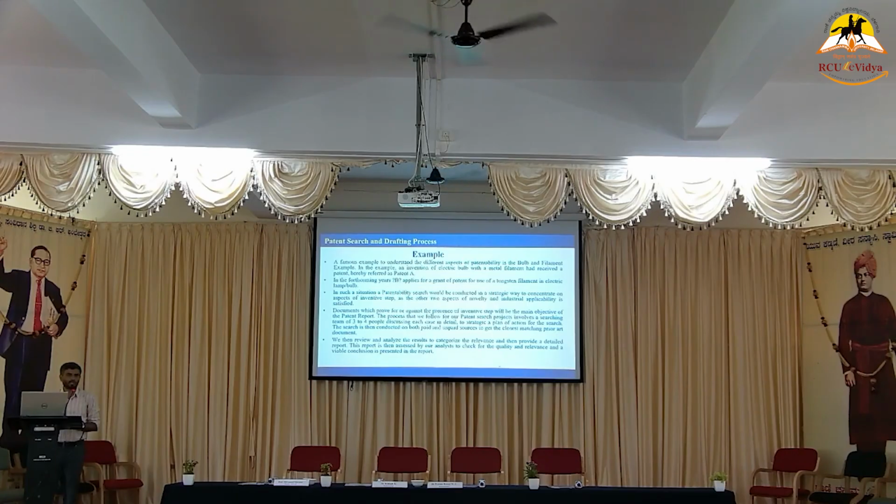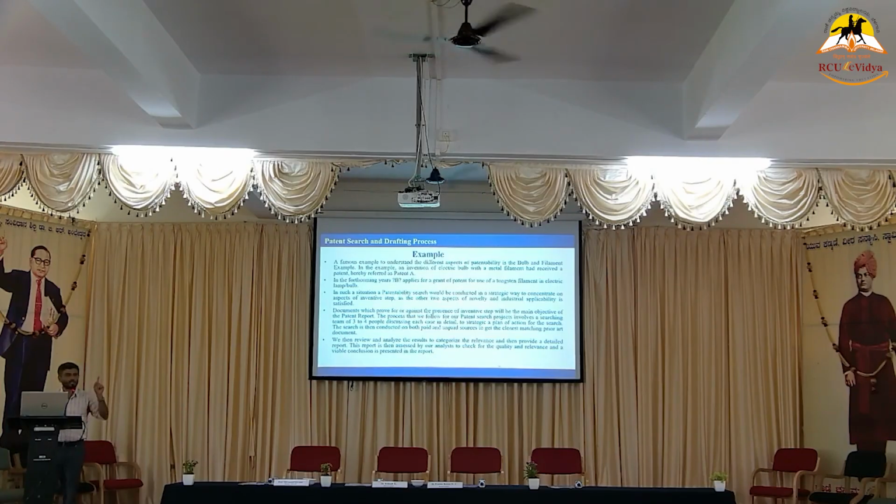I told you, right? Whichever patent they receive, it has inventive steps, as well as the other two aspects: novelty and industrial applicability. Novelty should be there, and it should also be easy to manufacture. This should be satisfied.